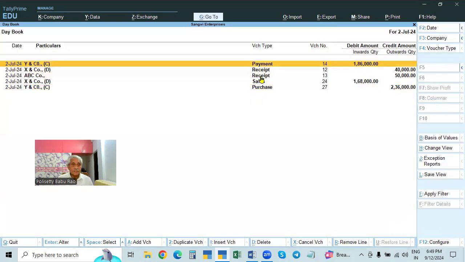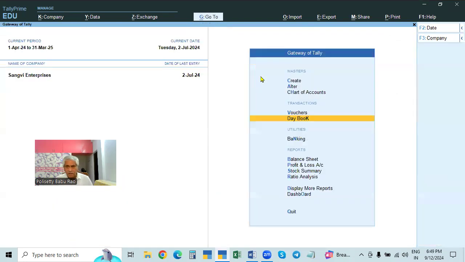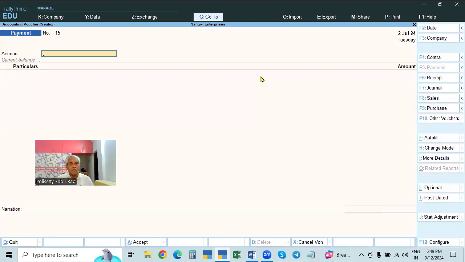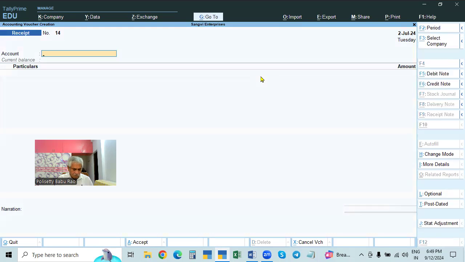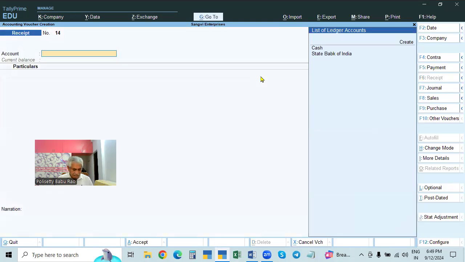See here, X and Co is a creditor; we paid cash. Now, for example, we received money from X and Co, who is a debtor. So, receipt.